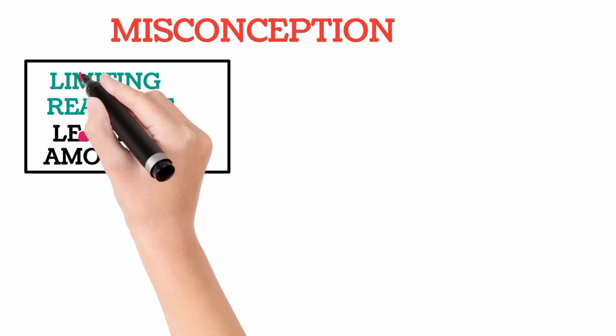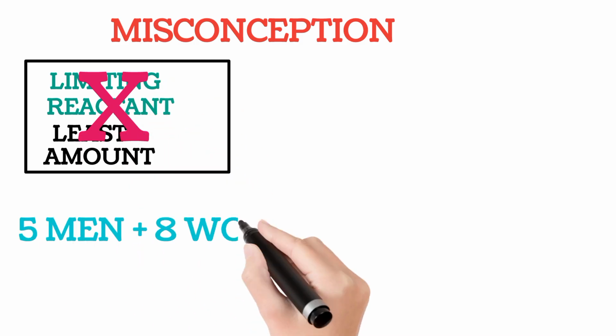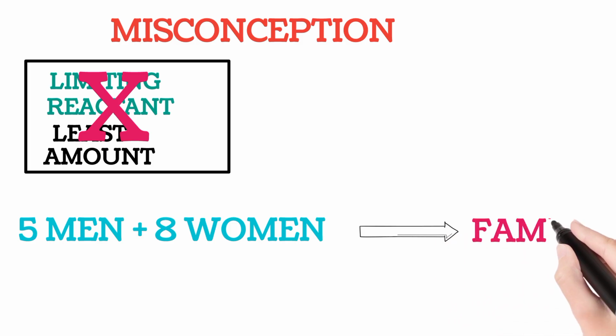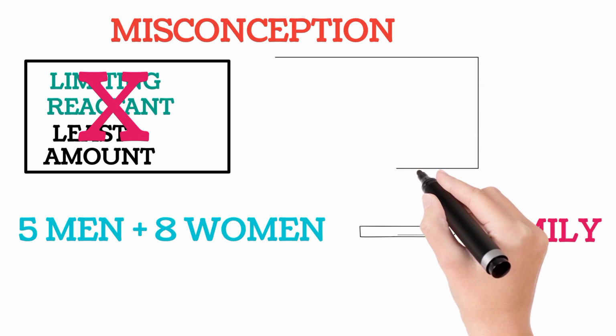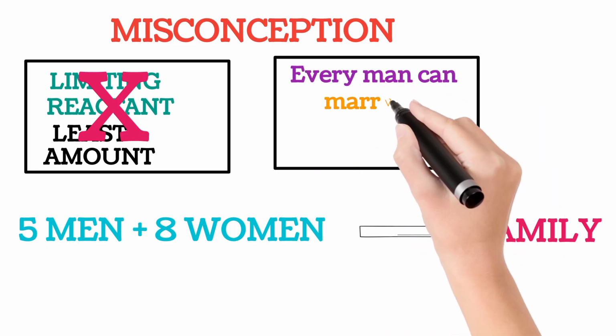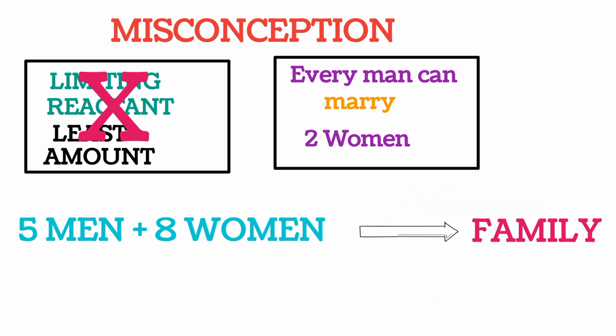The answer is no. For example, if we have 5 men and 8 women and they form a family, and every man can marry 2 women, it then means that 4 men will marry the 8 women and 1 man will be left. Even though 5 men are few compared to 8 women, the 8 women are in limited number here, and so they will become the limiting reactant.